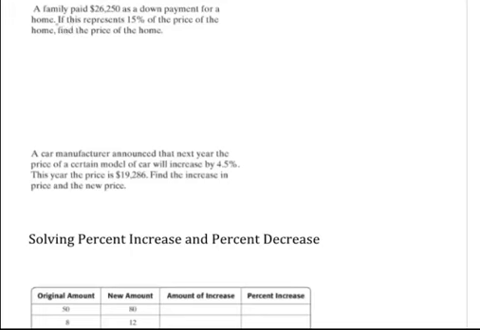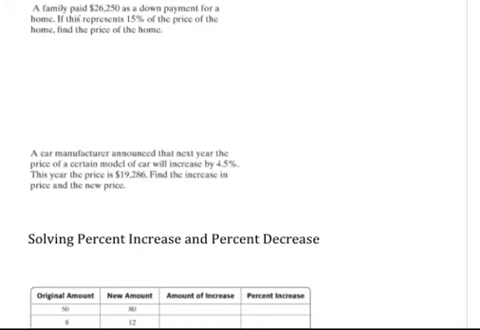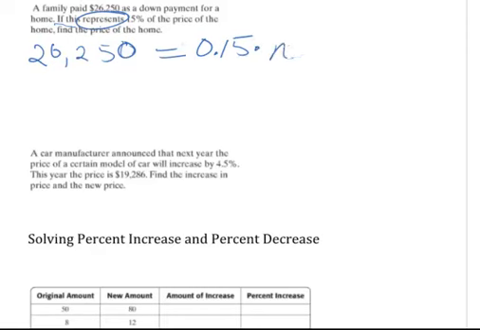Okay, so when I look at this second sentence, when it says if this, what they're referring to is that number, 26,250, represents is another word for is. 15% as a decimal would be 0.15, of means to multiply, the price of the home. I don't know how much the home costs. I'm going to call that n.